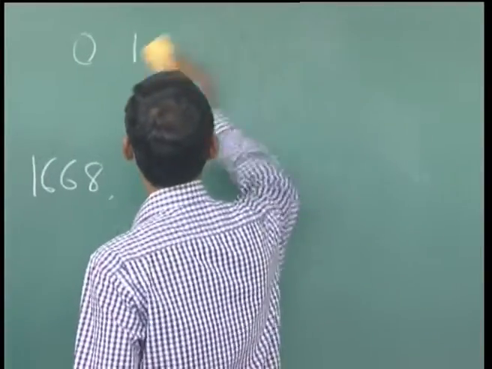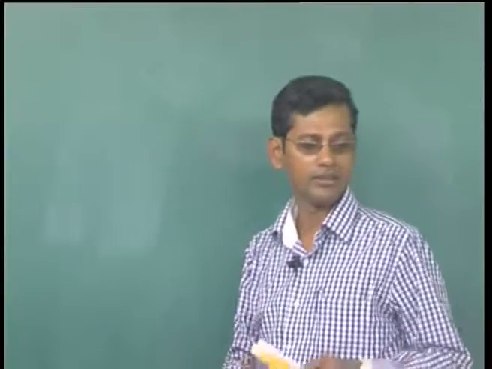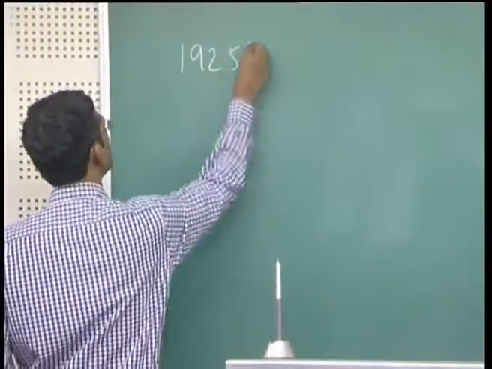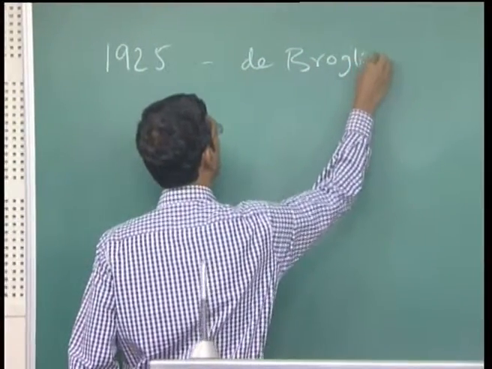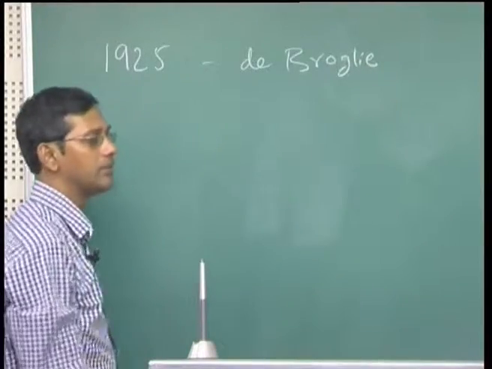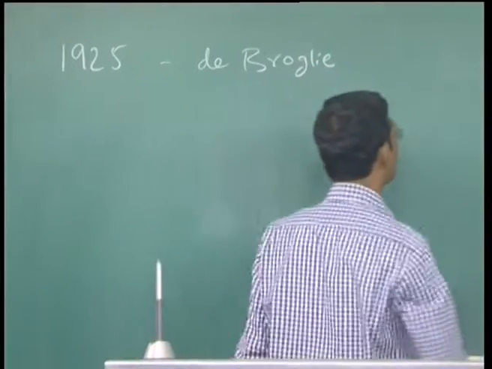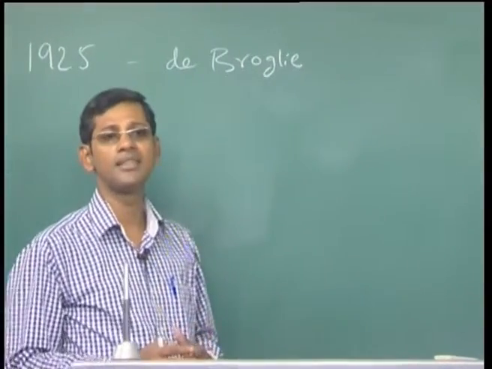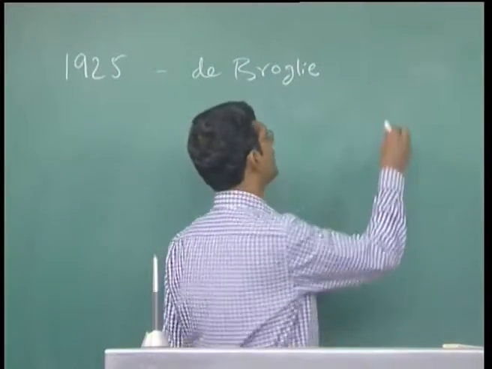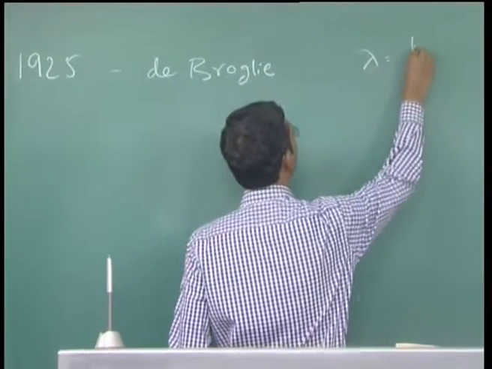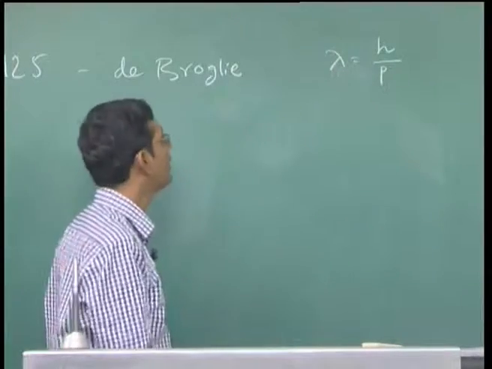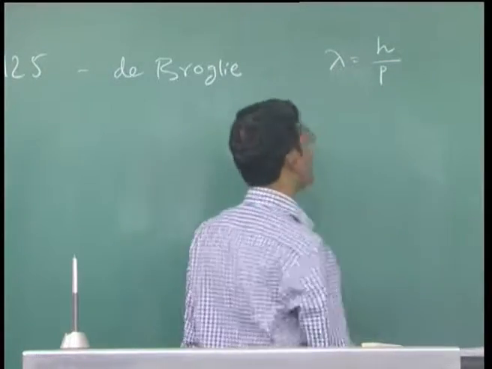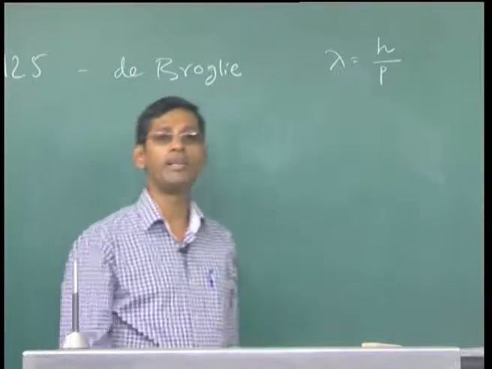De Broglie, in France in the year 1925, told for the first time that electrons can be used as a wave, and he said that the electron wavelength can be defined by the formula lambda equal to h by p, where lambda is the wavelength of the electron, h is the Planck constant, and p is the momentum of the electron.